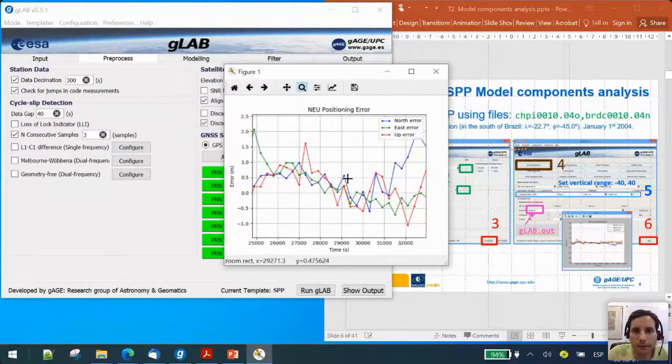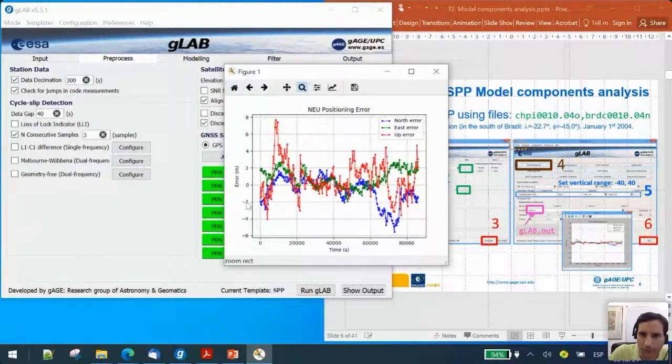We could do it in XYZ, but here we prefer to use a local system of reference based on the station, that is in the north, in the east, and in the up. As you can see, the first warning.